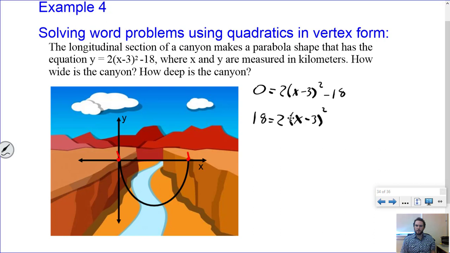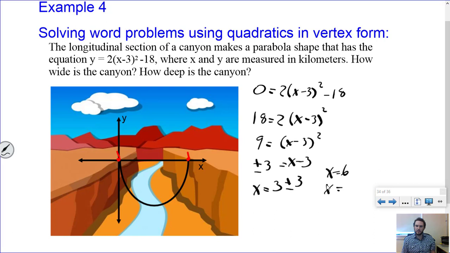Divide both sides by 2, and I get 9 is equal to (x minus 3) squared. Take the square root of both sides, and I get positive and negative 3 is equal to x minus 3, and finally bring my 3 over to the other side, and I get x is equal to 3 plus or minus 3. Well, 3 plus 3 is 6, and 3 minus 3 is 0. So what that means is I have an x-intercept here at (0, 0), and I have another one over here at (6, 0).